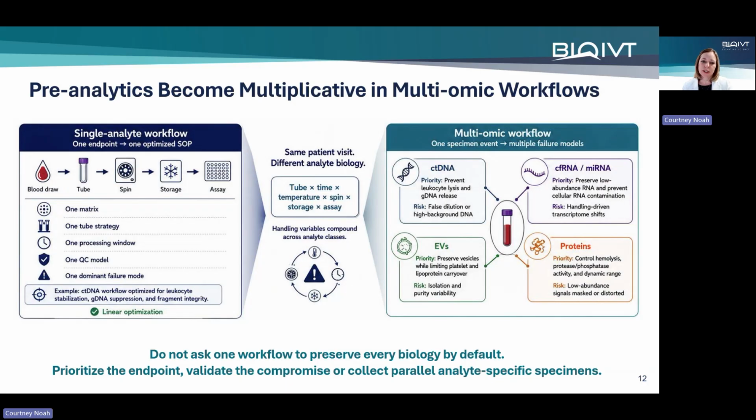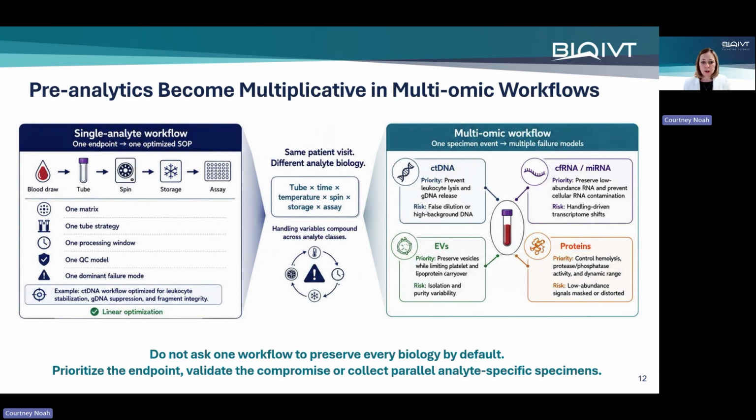The challenge here is that every analyte class has its own optimal specimen requirements. So conditions that may preserve ctDNA may not really be ideal for RNA integrity. And one of the things we see, especially as a biospecimen provider, is that researchers may try to ask one specimen to support too many objectives simultaneously.